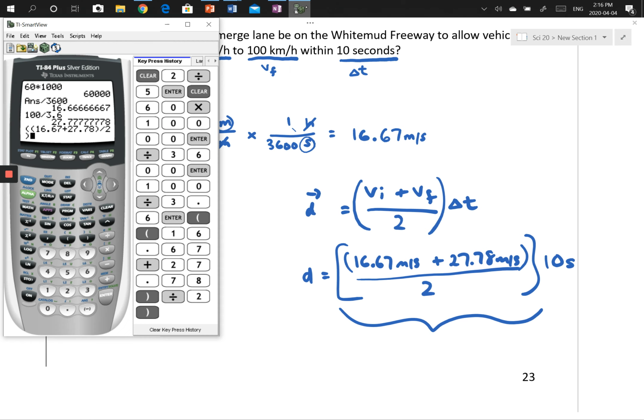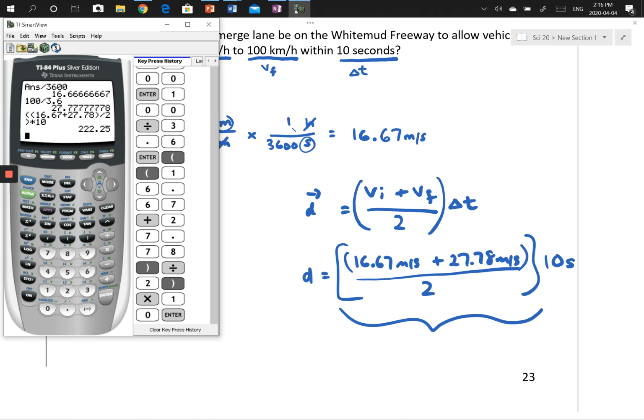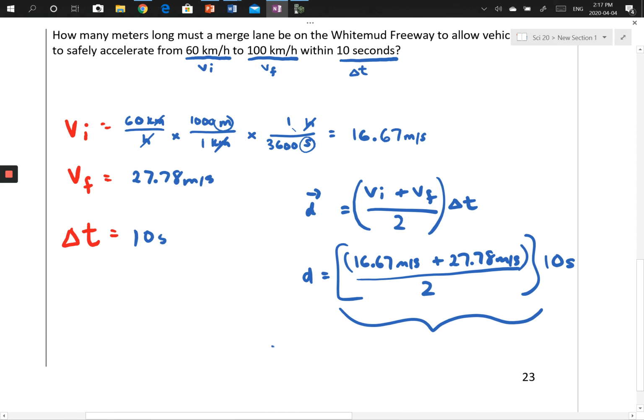What I have left to do is multiply that by 10. And I'm going to get this answer right here, 222.25. And my units here are actually going to be meters.